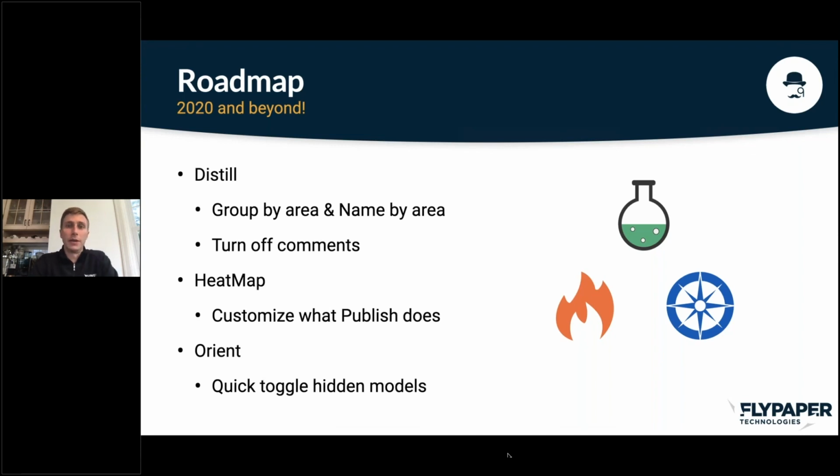And then the final piece is within Orient, we're going to be adding a quick toggle for showing all of those hidden models that Orient automatically hides. So currently, when you right-click on a model item and you hit Show in Plan, it will only show that model to you.